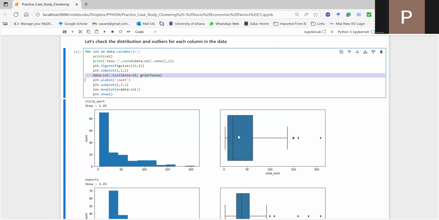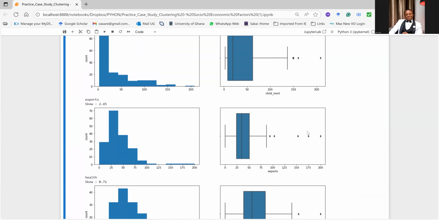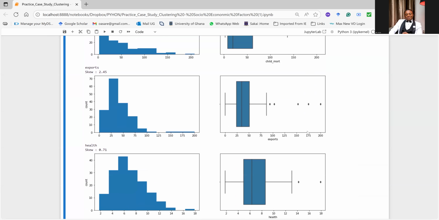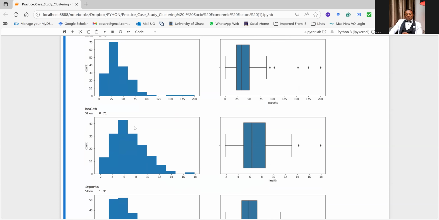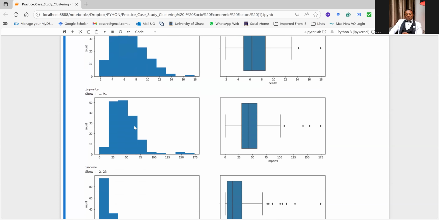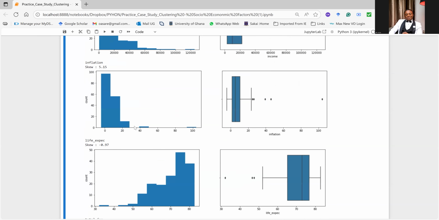So this box plot is revealing outliers. When you look at these outliers, compare them with some of these other ones. Look at the outliers very carefully. By the way, the histogram for each variable on the left will give you a feel of whether the data is normal or not normal. Compare those outliers with this one, life expectancy.